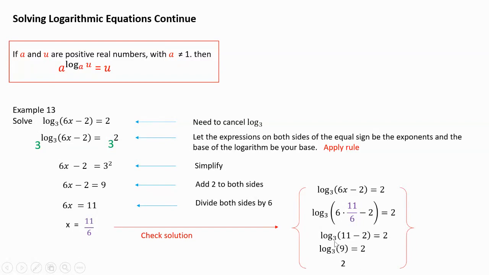Then by the rule, the 2 goes to the front, and log base 3 of 3 is equal to 1. So in other words, you can apply the change of base and you're going to get 2, or you can do it by converting the 9 into 3 squared. Then the 2 goes to the front, and log base 3 of 3 is equal to 1, so 2 times 1 will be 2.